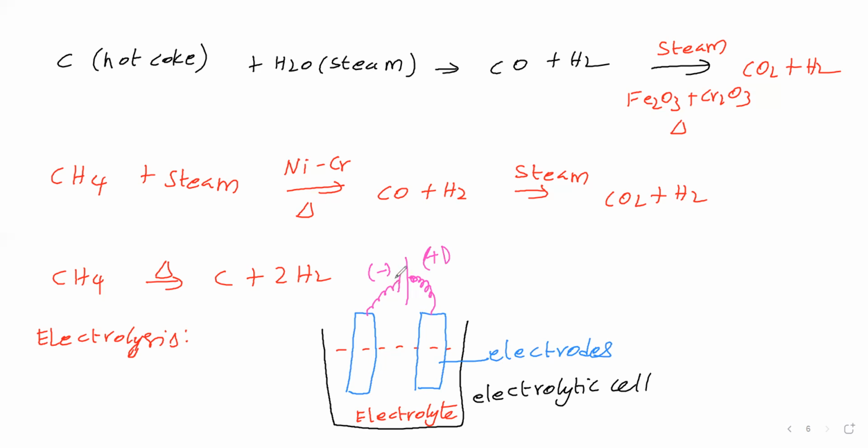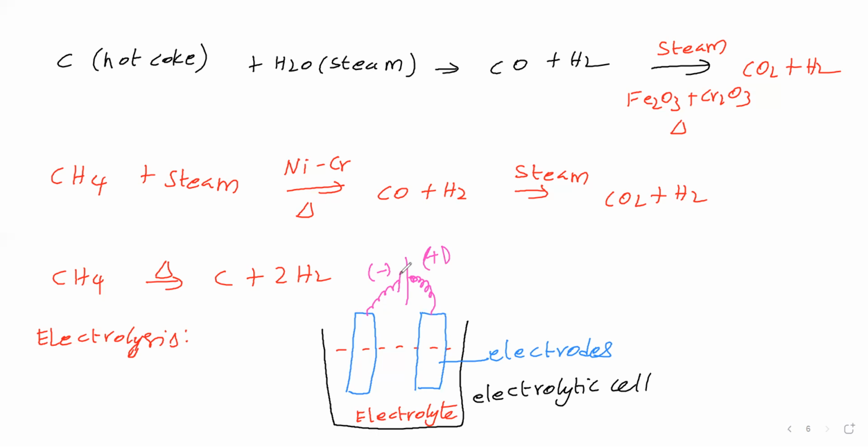The minus means it is rich in electrons. This electrode is given a negative sign, that means it is rich in electrons. This positive sign means deficiency of electrons. This plate is given a positive charge. Now what happens?